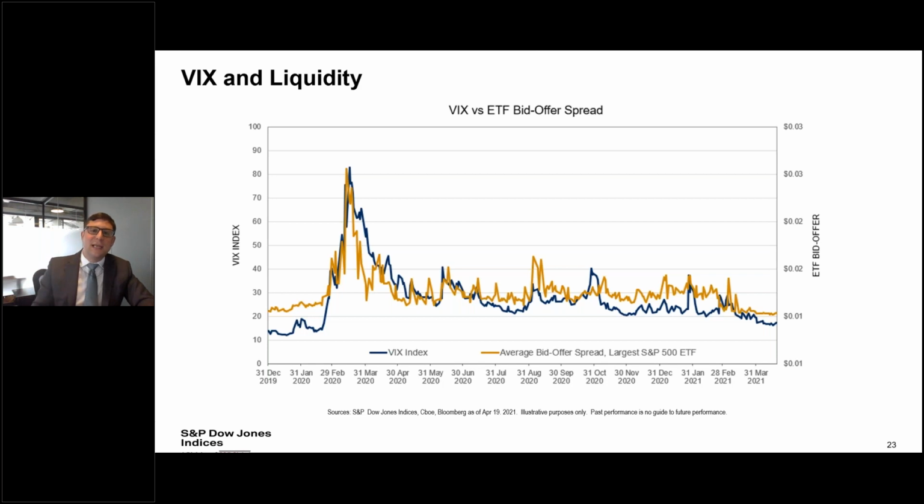What you can see is that bid-offer spreads on that ETF, and on equities generally, tend to be very closely associated to the level of the VIX. In fact, one really can think of VIX as a proxy for liquidity. That embeds the concept of VIX very deeply in the notion of trading overall and trading equities in particular.